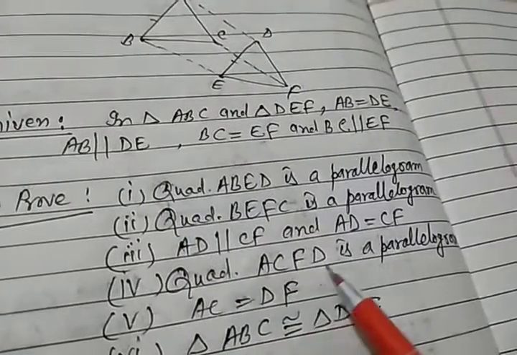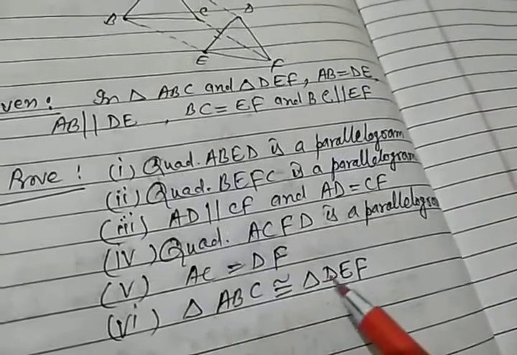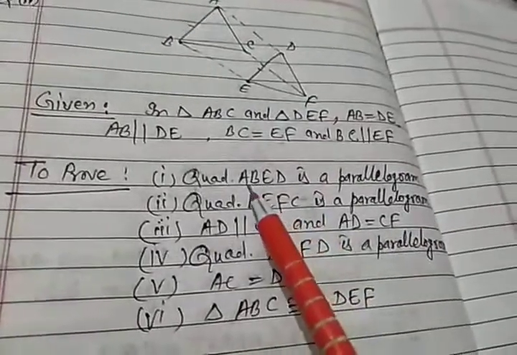Quadrilateral ACFD is a parallelogram, AC equal DF and triangle ABC equal triangle DEF. So take first quadrilateral ABED.